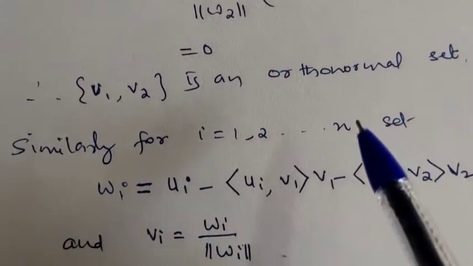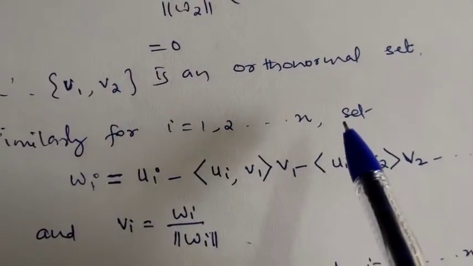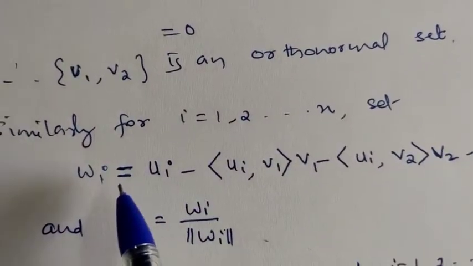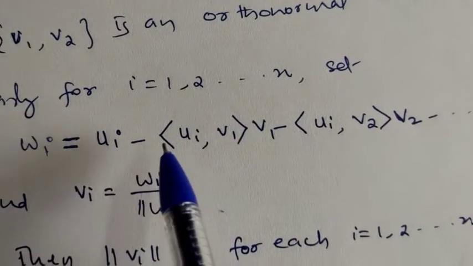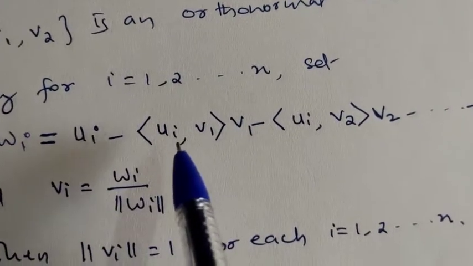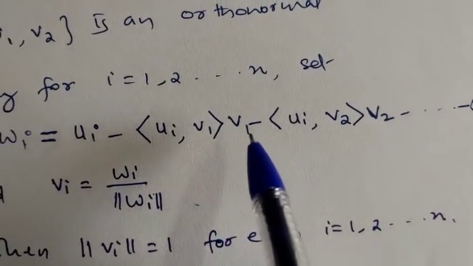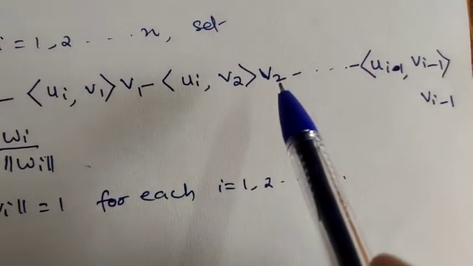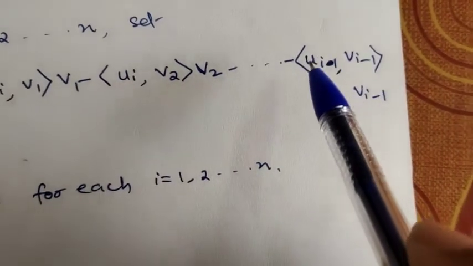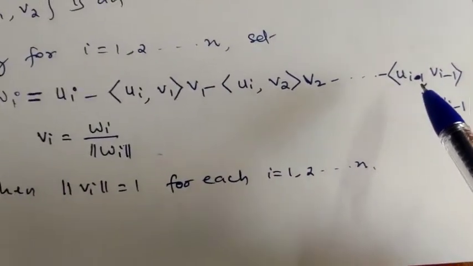Similarly, for i equal to 1 to n, set the vector Wi as Ui minus inner product of Ui comma V1 into V1, minus inner product of Ui comma V2 into V2, etc. The last term is what?